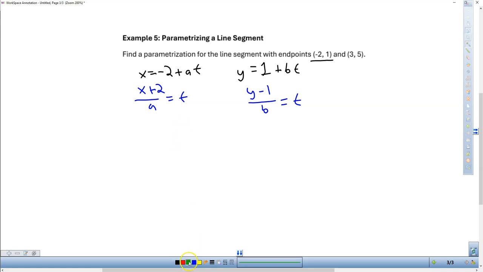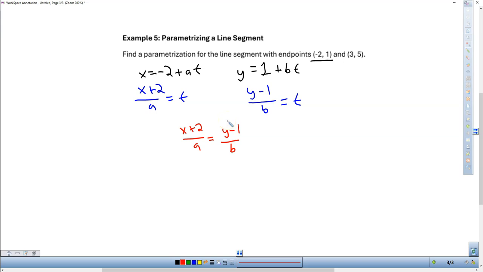So then I would end up with x plus 2 over a is equal to y minus 1 over b. So now we know that this line can pass through the point -2, 1 when we set t equal to 0.